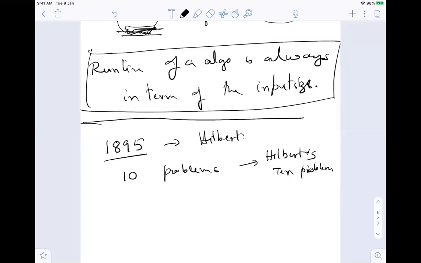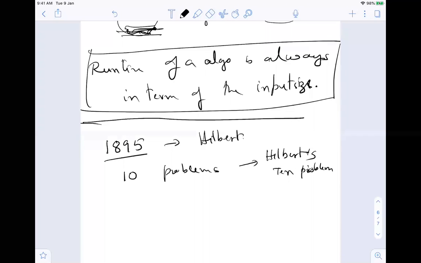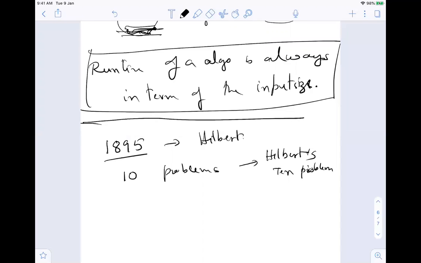Many of the problems have been solved. Many are still open, something like the Poincare conjecture, some problems in Hodge theory. Some of them are pretty simple, like some Diophantine equations, and were easily solved.